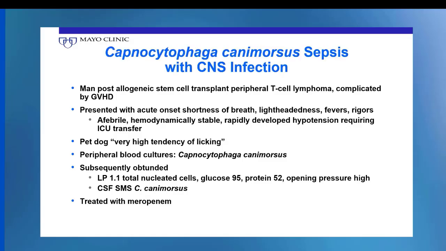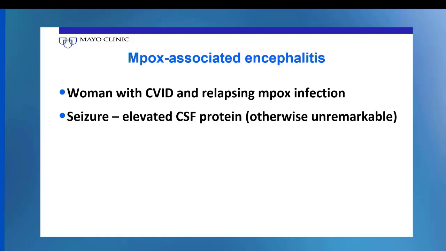So this is Capnocytophaga sepsis with central nervous system infection, and he was appropriately treated with meropenem. We also diagnosed Mpox-associated encephalitis in a woman with CVID and relapsing Mpox infection who developed seizures and had a lab showing elevated CSF protein, and we found Mpox using metagenomic sequencing of her cerebrospinal fluid.